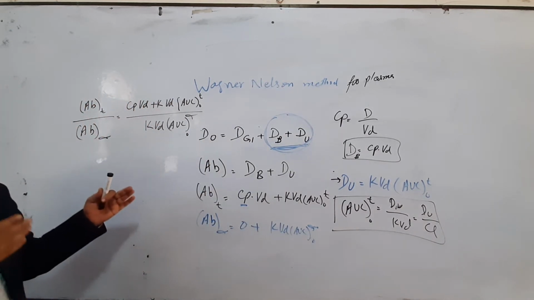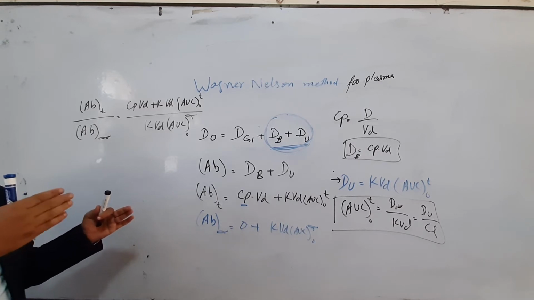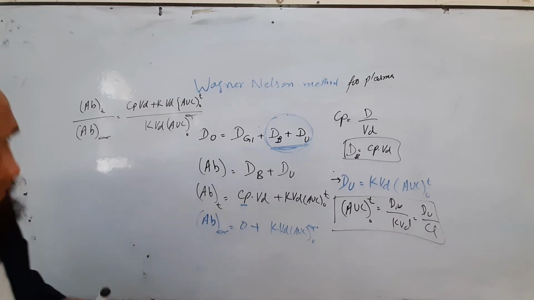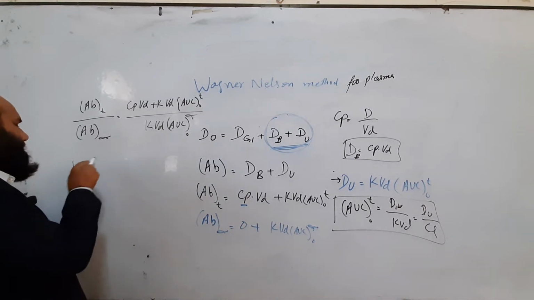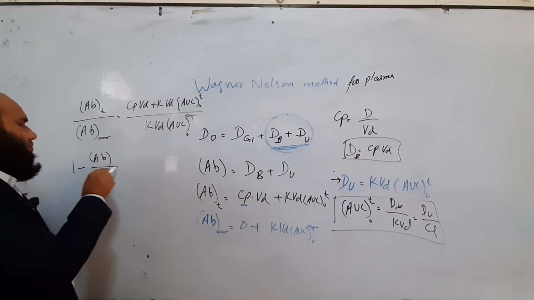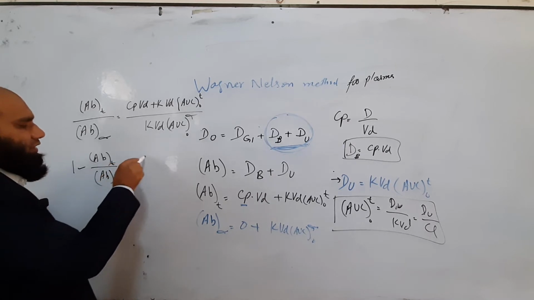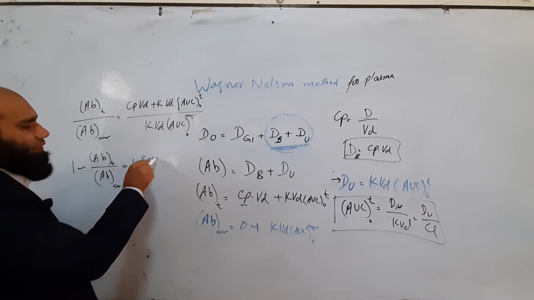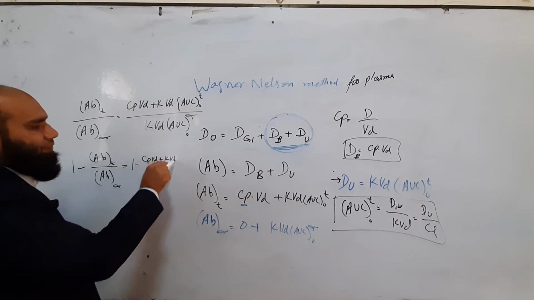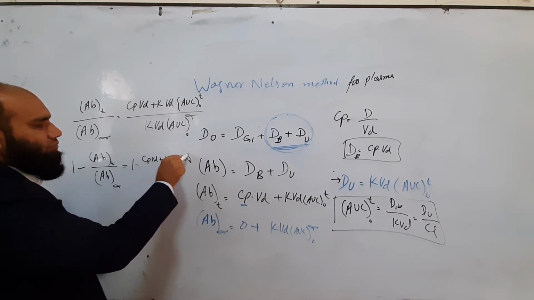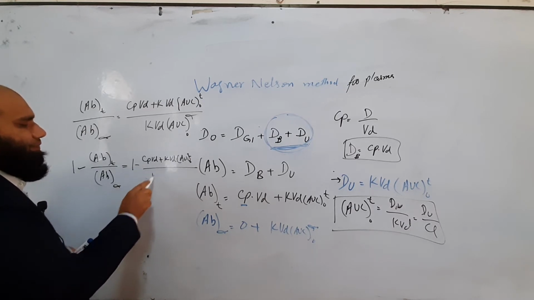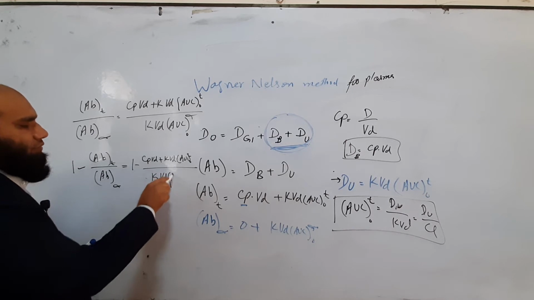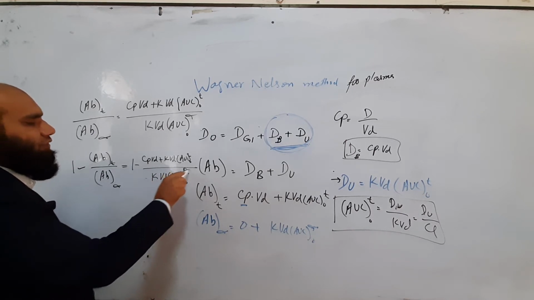Now we will take the difference from 1. We multiply this equation with 1, minus AB over AB infinity is equal to 1 minus CP VD plus KVD AUC 0 to t, divided by KVD AUC 0 to infinity.